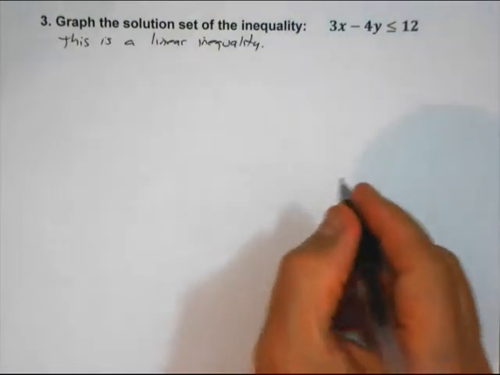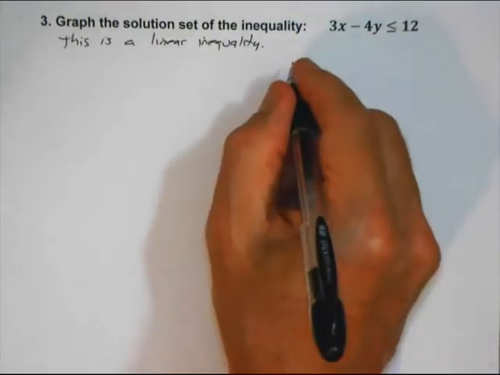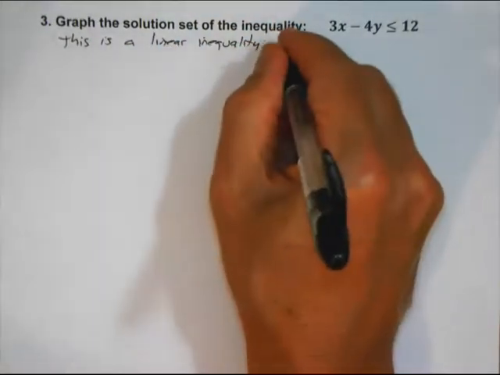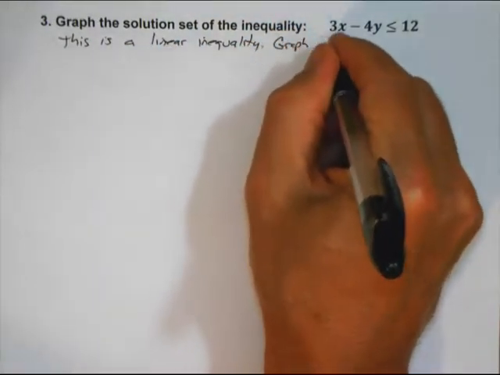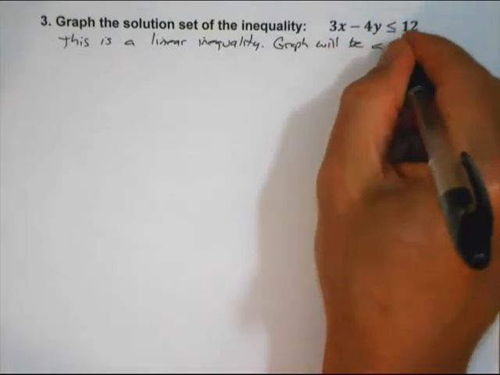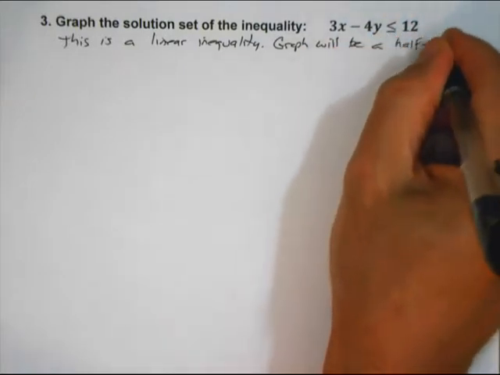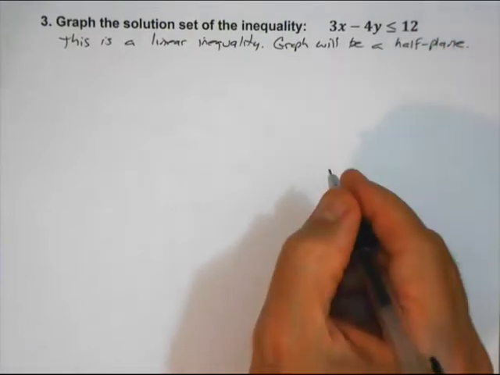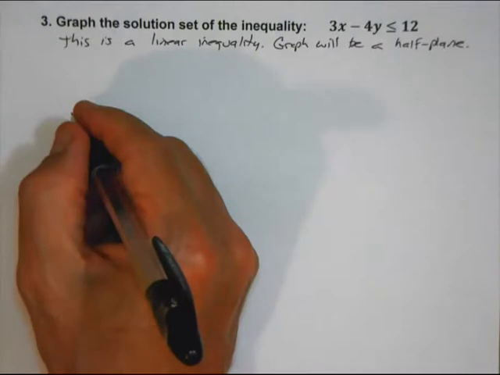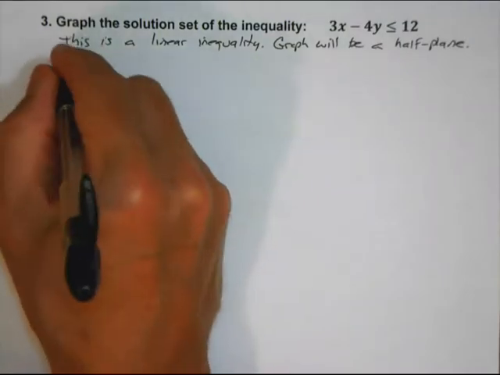And what we know from this, as we saw in example 1, is that the graph will be a half plane. To graph a half plane, the most important thing we need is the boundary line.